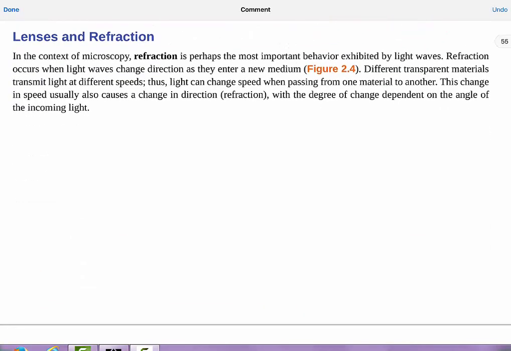So when we talk about all of these different things having to do with light, this is in reference to microscopy and lenses. So refraction is probably the most important behavior that we see in light waves that is related to microscopy and related to lenses. So refraction is when light waves change direction as they enter a new medium.